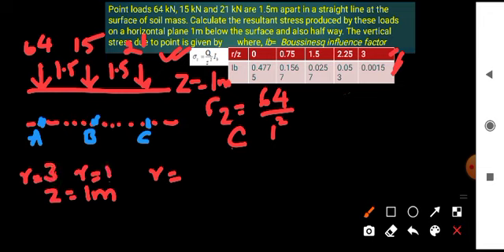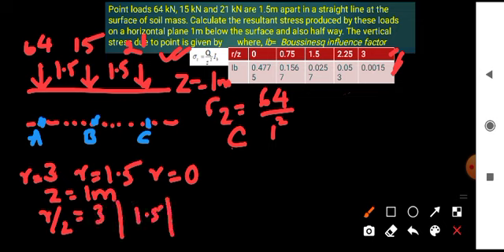From B it is 1.5 meter spaced apart, and from C itself r is equal to 0. So similarly the r by z values are going to be 3 for the first one, 1.5 for the second one, and 0 for the third one. So 3, 1.5 and 0.